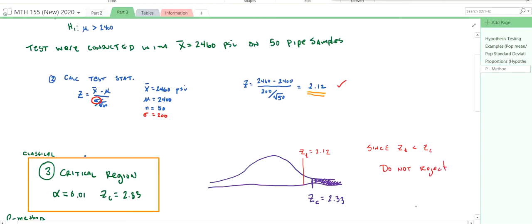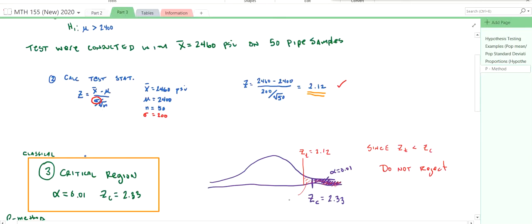Well, another way to look at this, instead of comparing the Z values, we can compare the areas. We can compare this purple area, which, if you recall, is alpha, equal to 0.01, with this red area, which is the area to the right of 2.12.